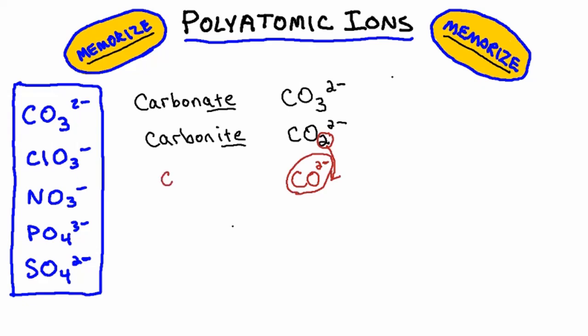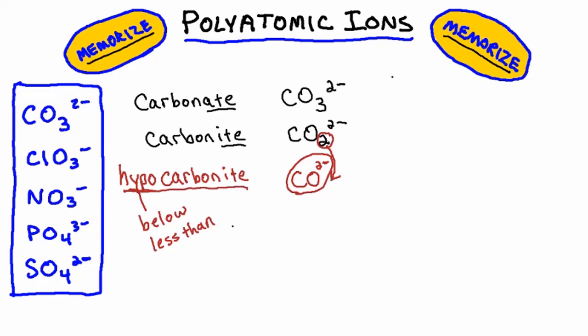You're going to keep the term carbonite, but you're going to add the prefix hypo in front of it. Hypo, because hypo means below or less than. So if you have a carbonite, which is CO2, and you have less than 2 oxygens, you only have 1 oxygen, then that would be called hypocarbonite.